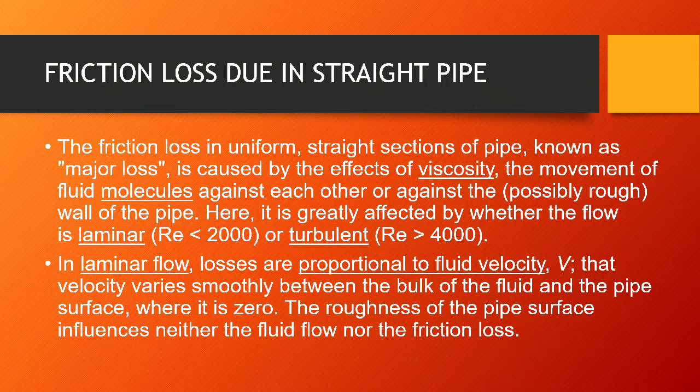In laminar flow, losses are proportional to fluid velocity V. That velocity varies smoothly between the bulk of the fluid and the pipe surface, where it is zero. The roughness of the pipe surface influences neither the fluid flow nor the friction loss.